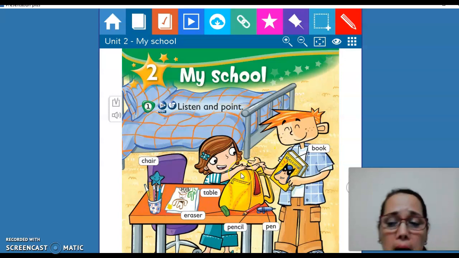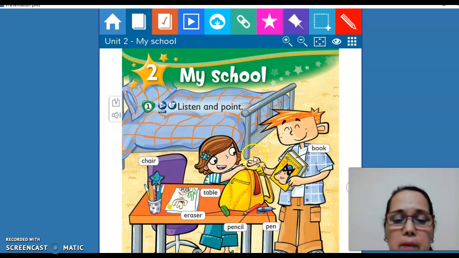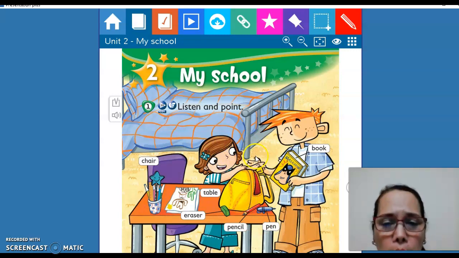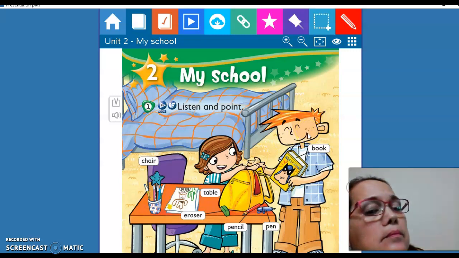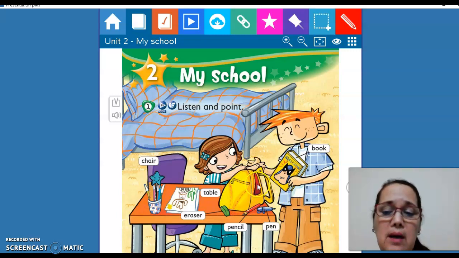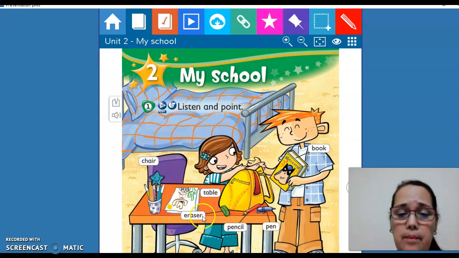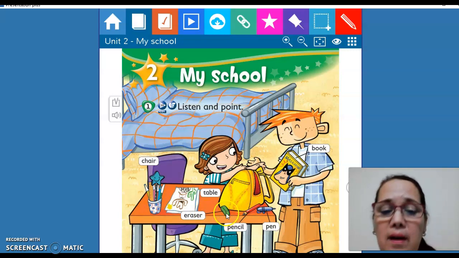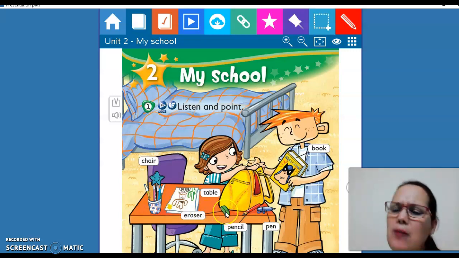Good. Now you are going to answer some questions. Look at the picture. What color is Simon's bag? Yes, yellow. It's yellow. And what color is the eraser? Green. Very good. And what color is the table?